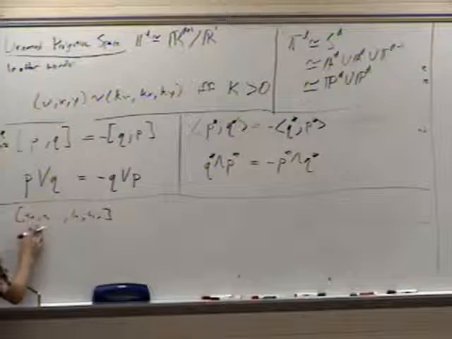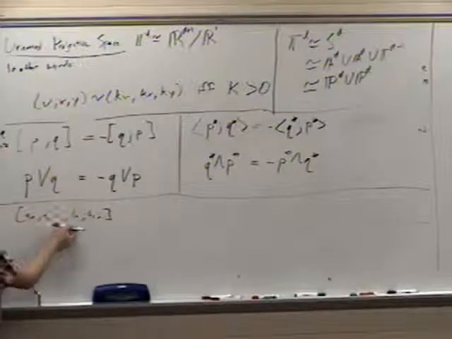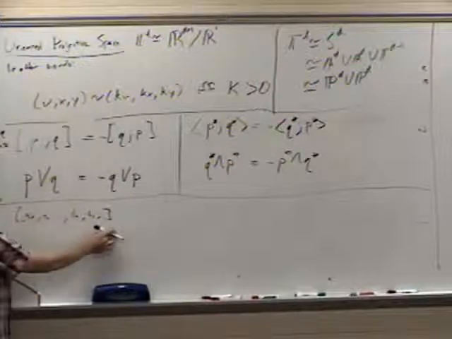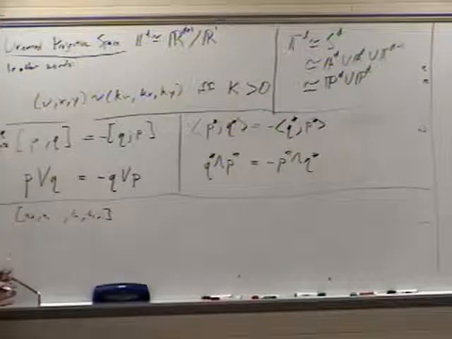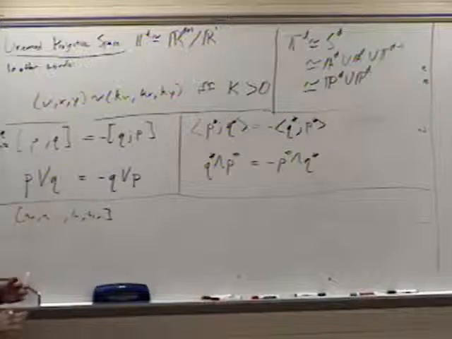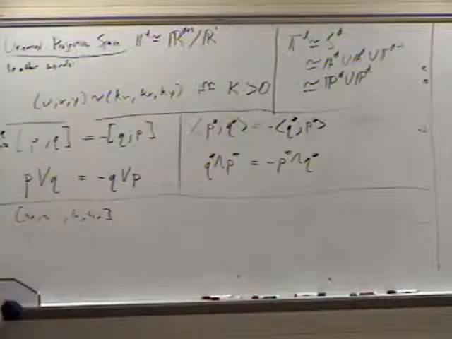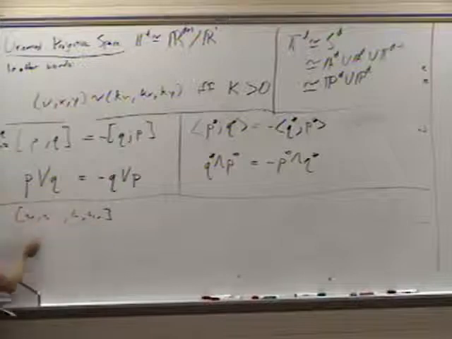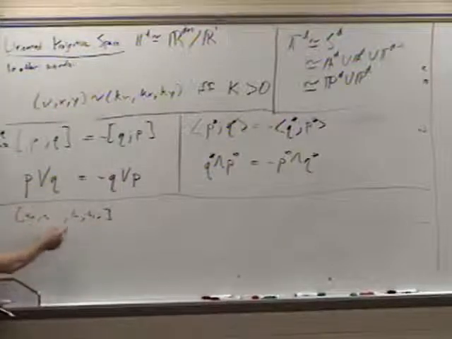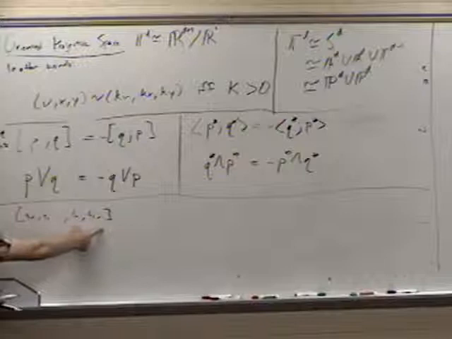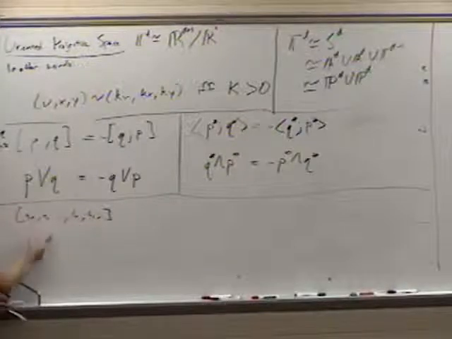Then the last A has to move past all of the B's, then the next A has to move past all the B's, and the next A has to move past all the B's. And every time we swap one of them, the sign changes. So this means that in general, the total number of swaps is equal to the number of B's times the number of A's. And the number of B's is the rank of this flat, and the number of A's is the rank of this flat.